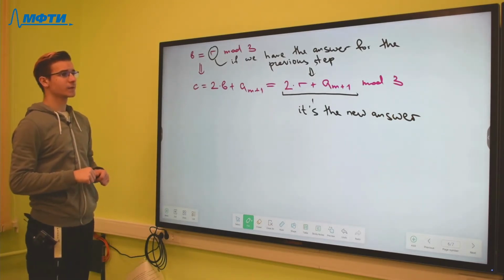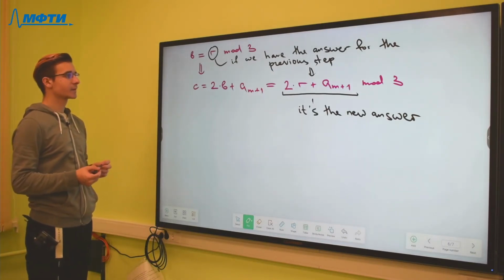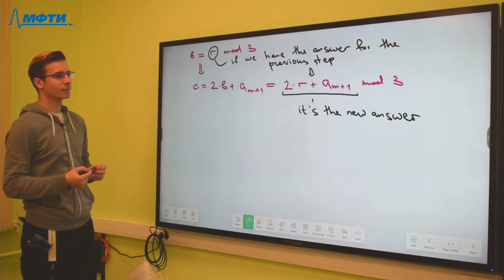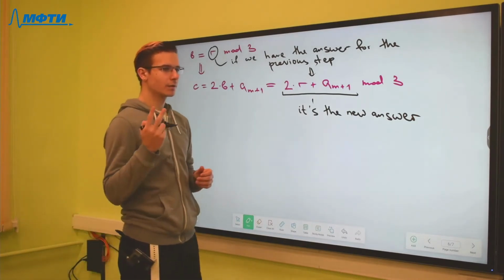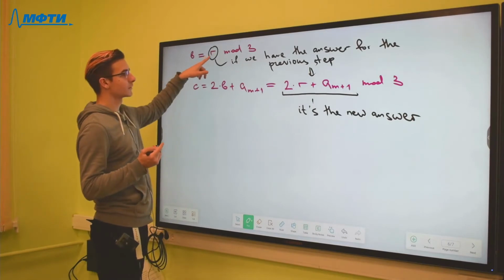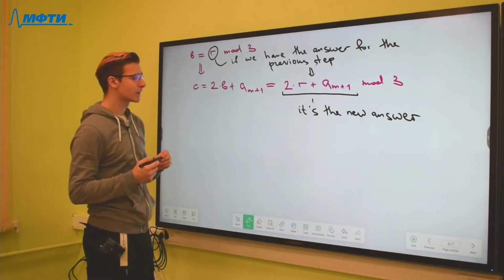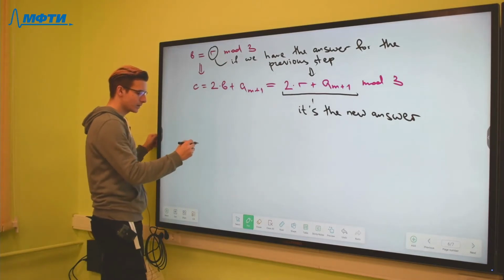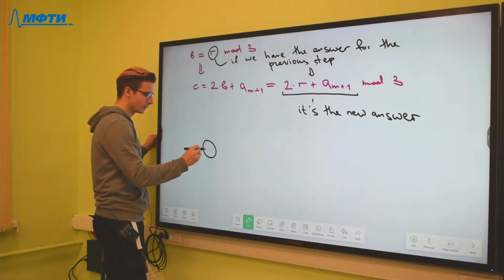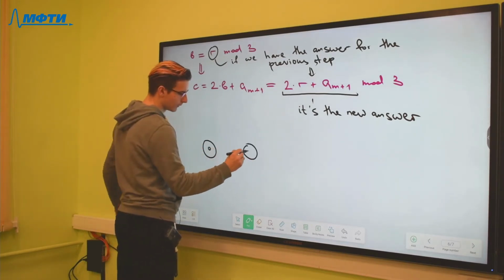In this case, we can say that we have three possibilities: R equal to 0, it is equal to 1, and it is equal to 2. So we write three states.